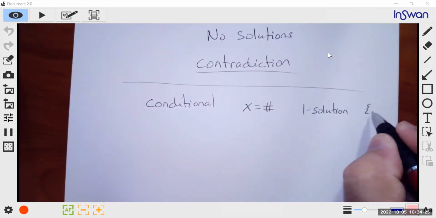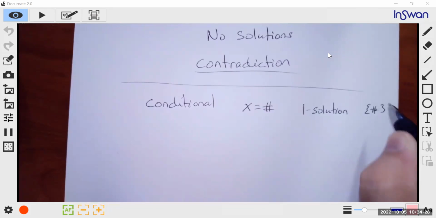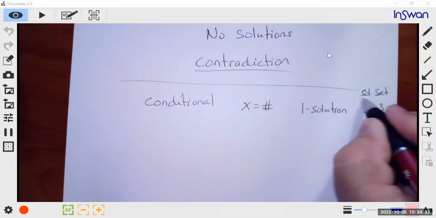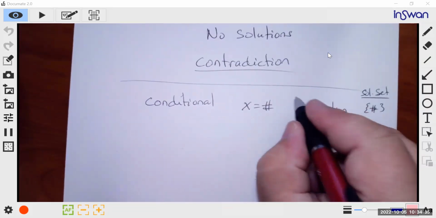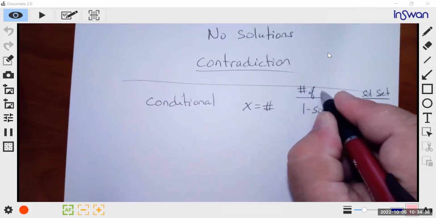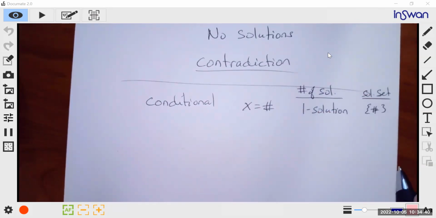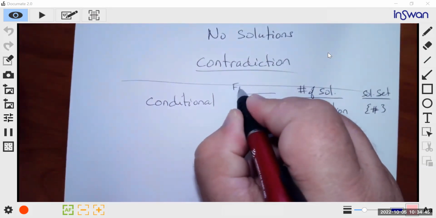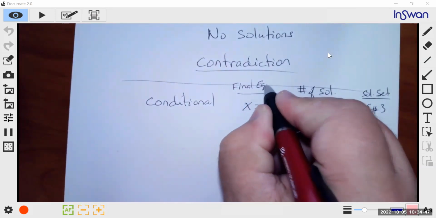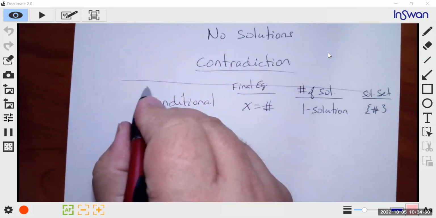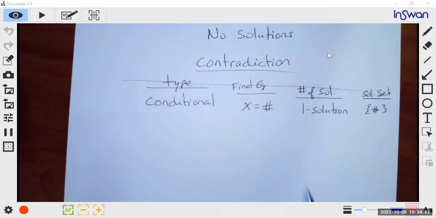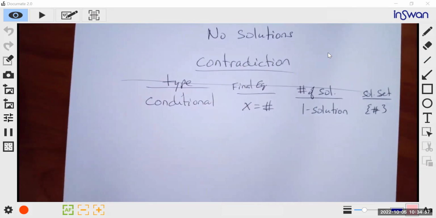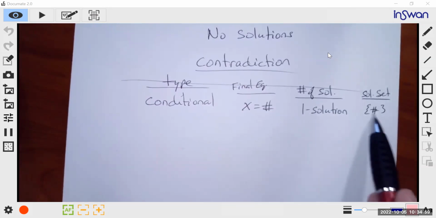And that's the solution set, the number of solutions, the final equation, and this is the type. So the first one we have is called conditional. It's when you end up with a number. X equals one solid number. One solution, that's a number.